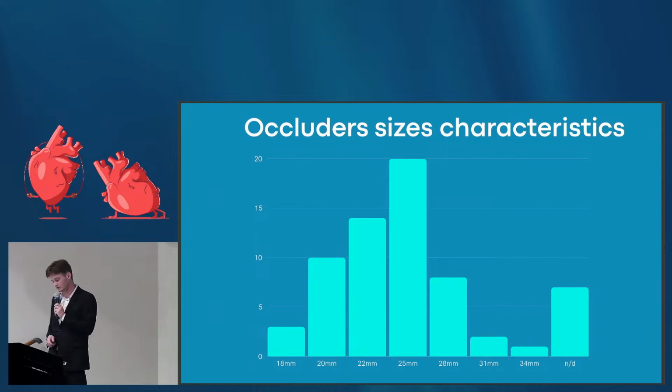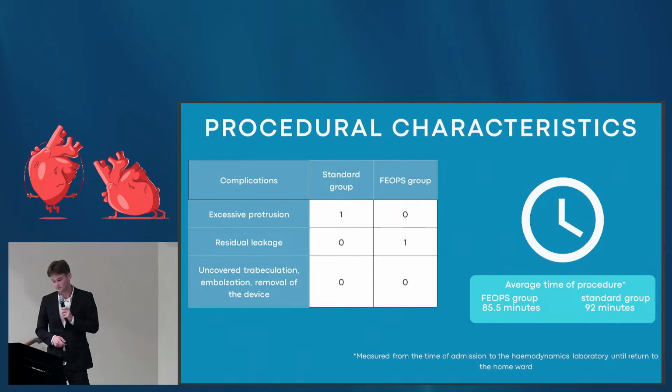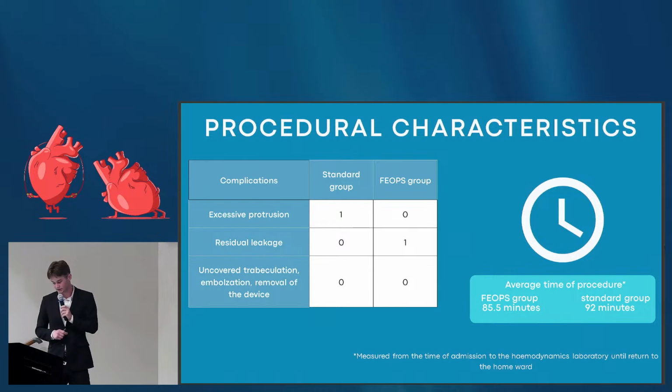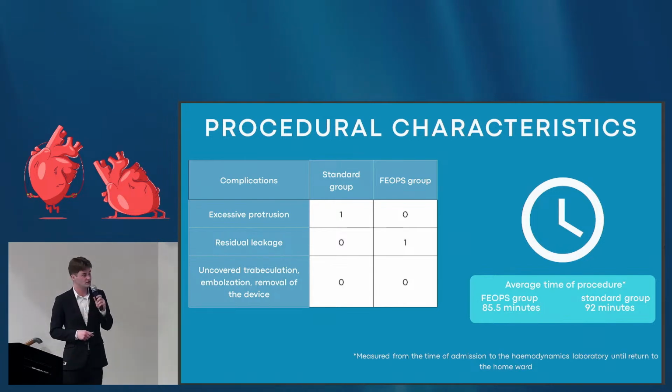The most common sizes of occluders used in our study were 25, 20, 22, and 28 millimeters. The smallest and the highest sizes were not commonly used. When it comes to procedural characteristics and the device implantation itself, we observed little to none of the complications.